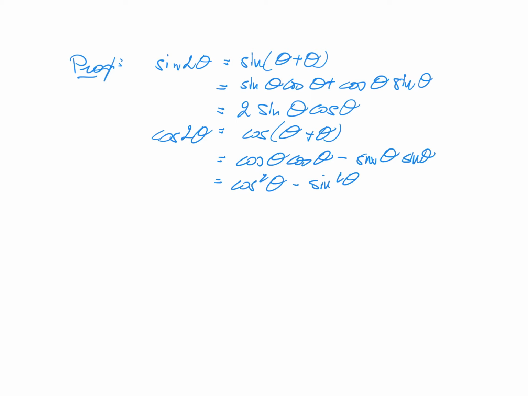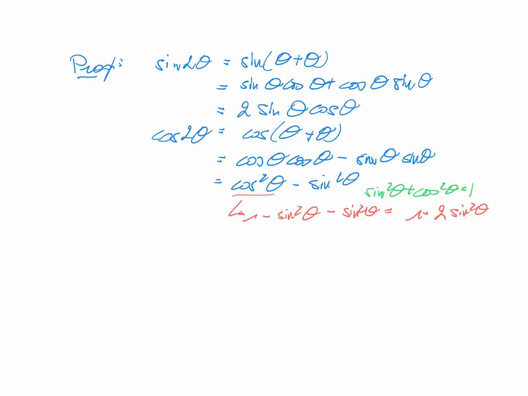To obtain the other two formulas, the thing that we will be using is just a basic formula: sine squared of theta plus cosine squared of theta is 1. So if we want to do one of them, we say we change cosine squared of theta. Cosine squared is 1 minus sine squared, so it is 1 minus sine squared of theta minus the other sine squared of theta. So it's 1 minus 2 times sine squared of theta.